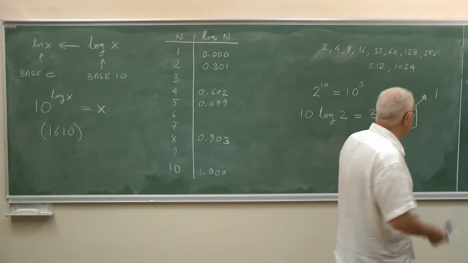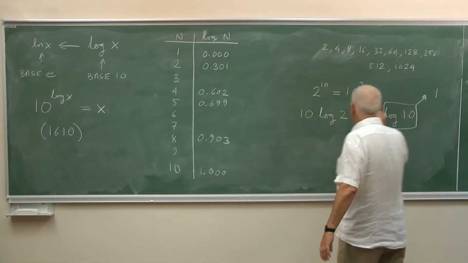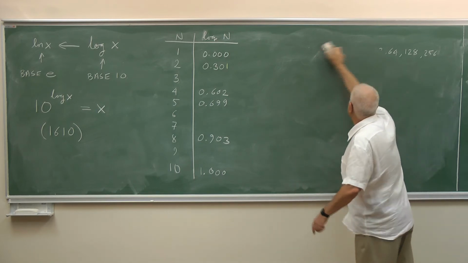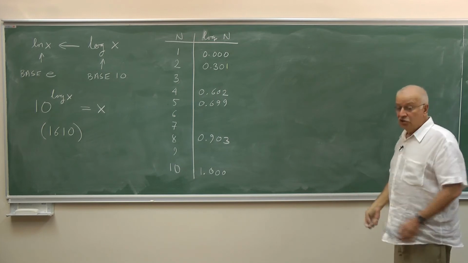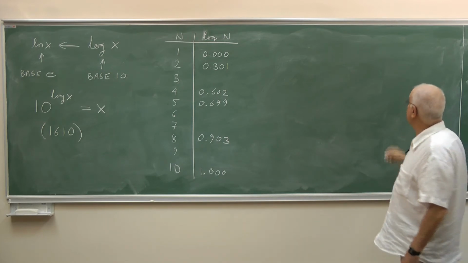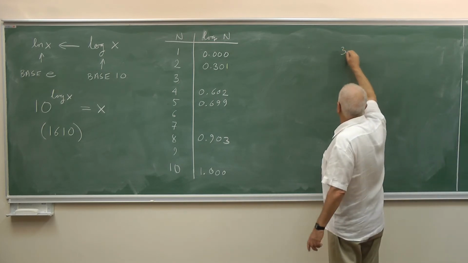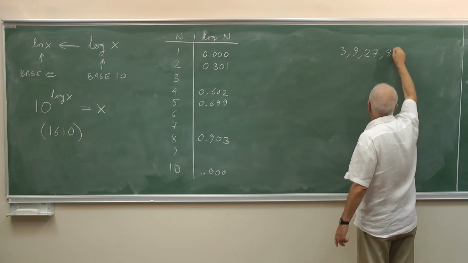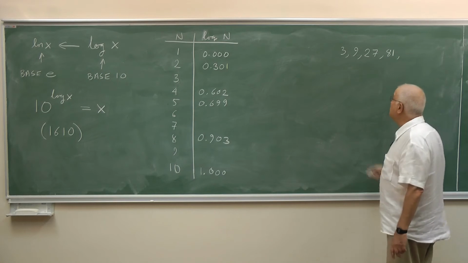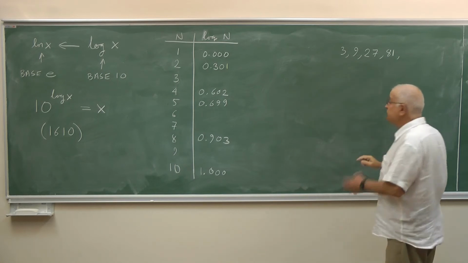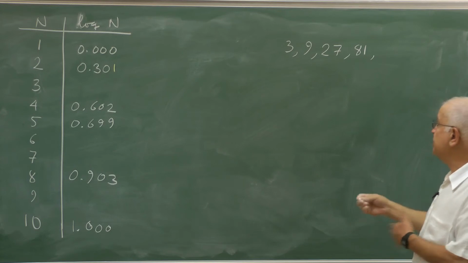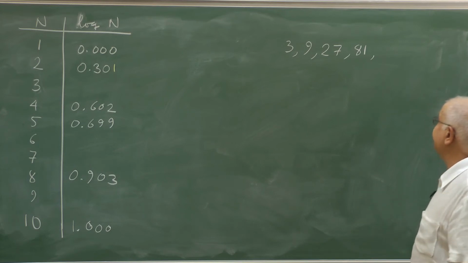Now you might think I will follow the same procedure and I will say, let's take the powers of 3. 3, 9, 27, 81, so on and so forth. Now, 9 is close to 10, but it's a 10% difference.